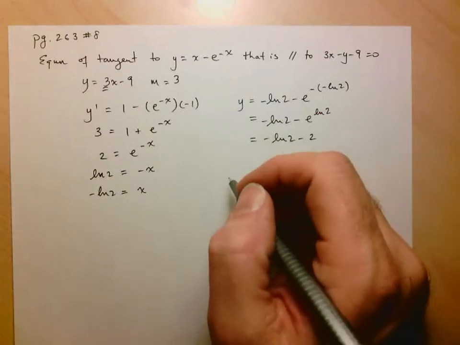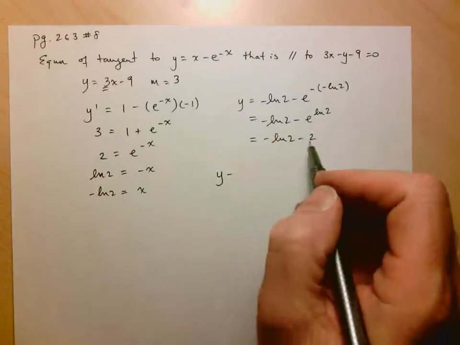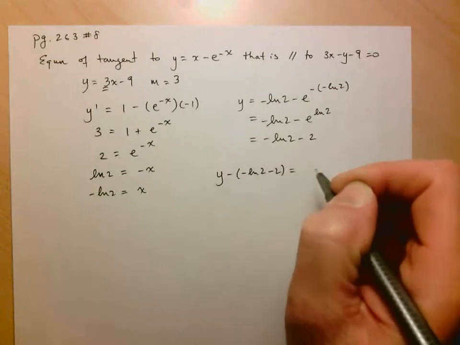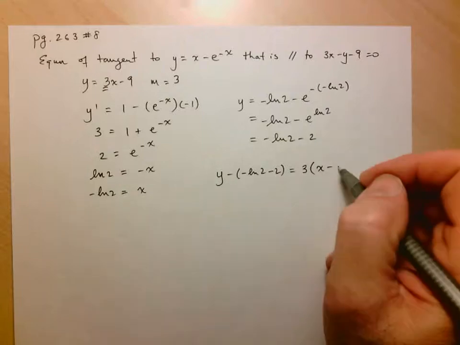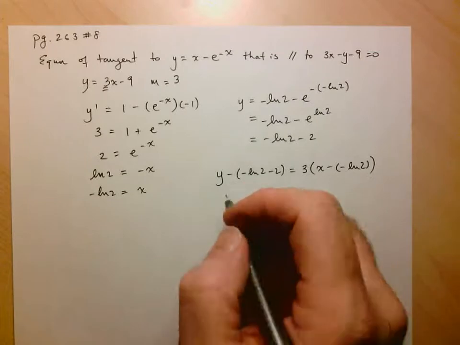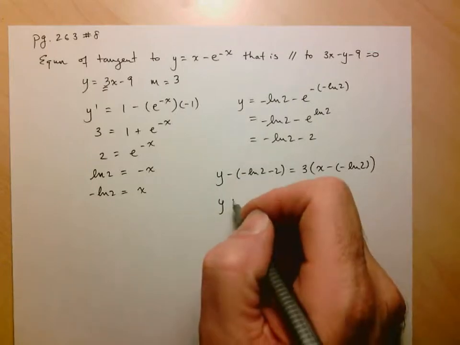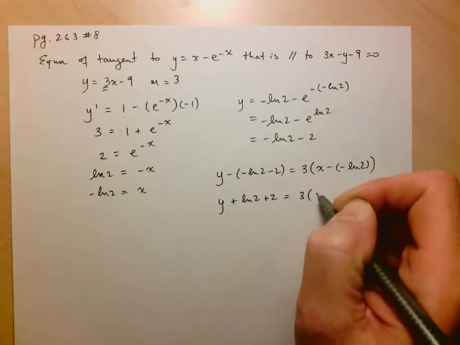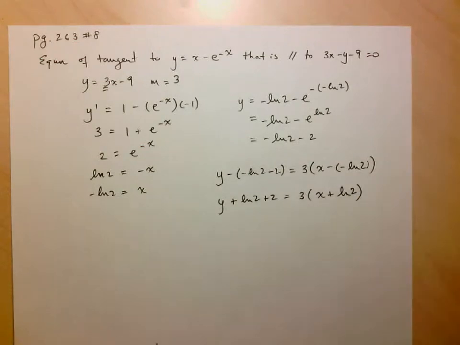If I just use point-slope form, which is y minus the y value that I'm given, negative ln 2 minus 2, equals the slope 3 times x minus the x value that I'm given, negative ln 2. We'll just simplify this a little, so distribute the negative 1, so y plus ln 2 plus 2 equals 3 times x plus ln 2. And there's point-slope form.